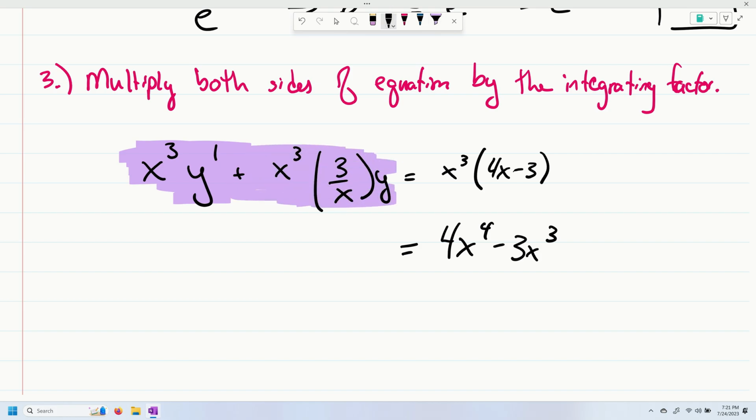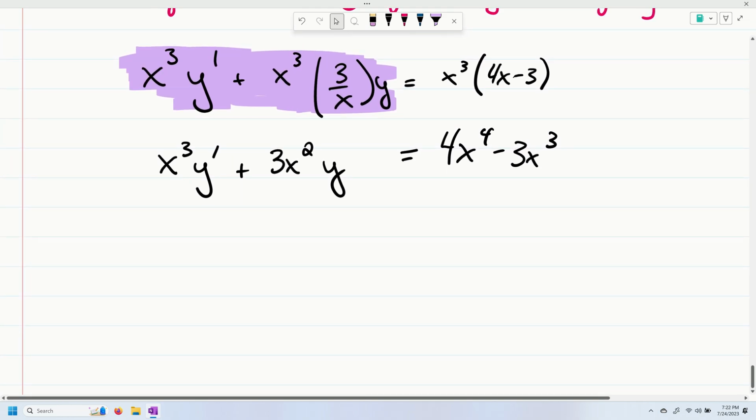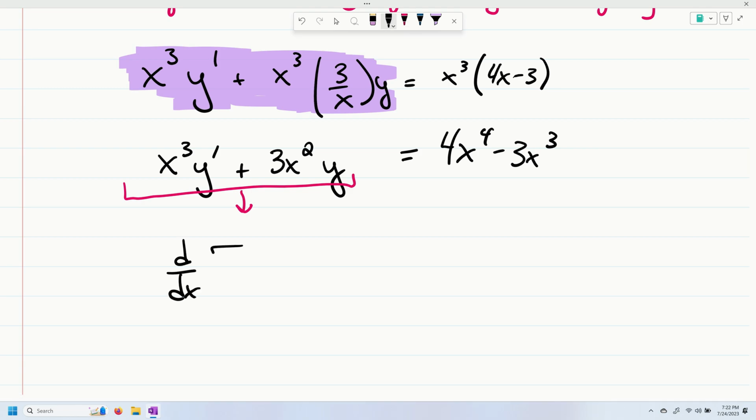Because when you simplify, we get x to the third times y prime plus x to the third times 3 over x, which is 3x squared, times y. And if you look at the left-hand side, this is nothing more than the product rule between the derivative of your integrating factor and y.